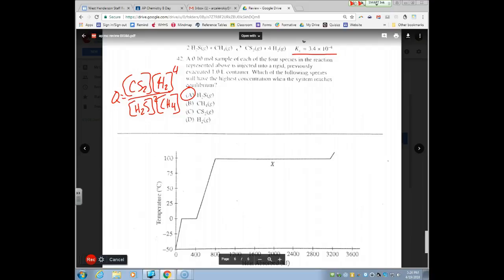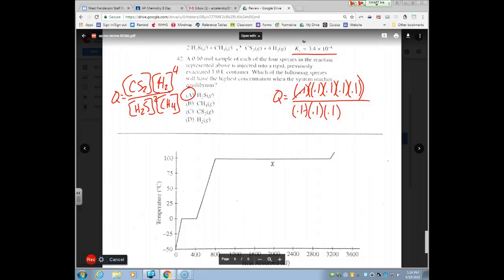So to find what Q is, I know that CS2 is 0.1 molar. And H2 is 0.1 to the 4th power, so I'm just going to do 4 additional 0.1s here to represent that H2 part. Then H2S is squared, so that's 0.1 times 0.1. And then CH4 is 0.1 molar as well.